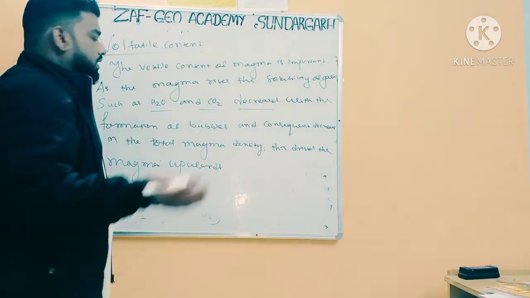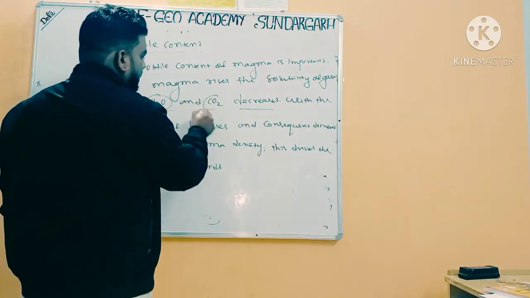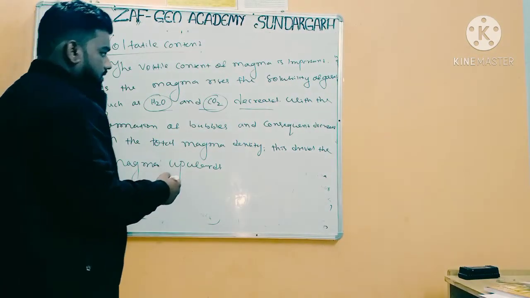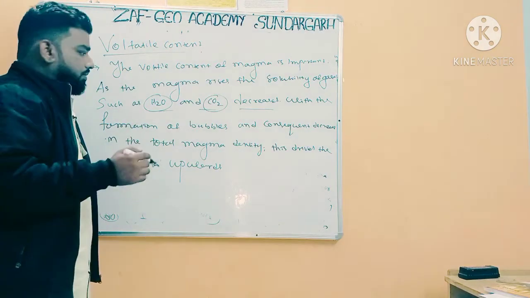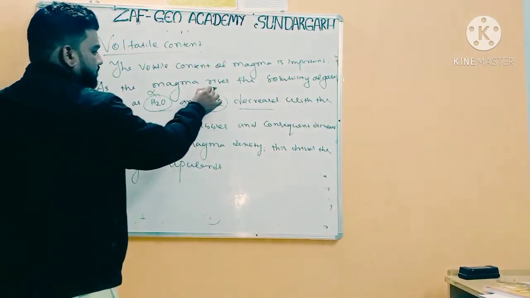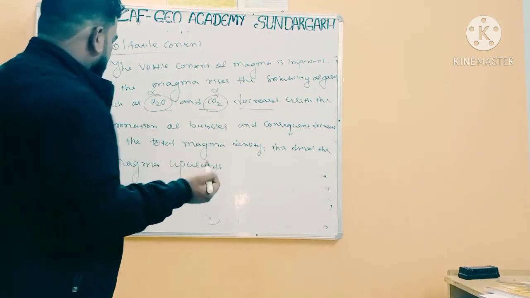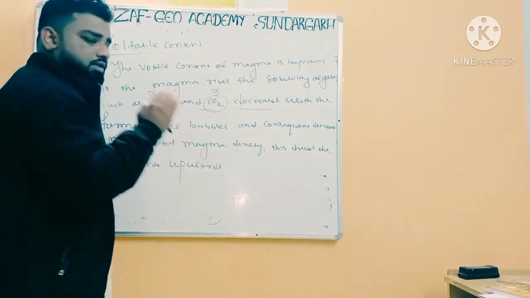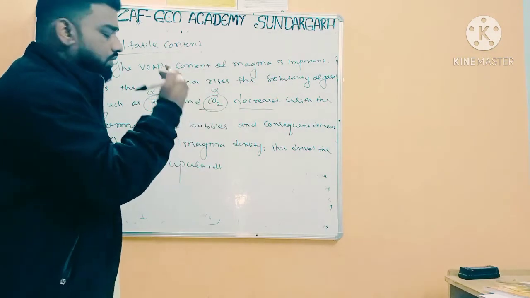So when the magma rises, the H2O and CO2 escape with the formation of bubbles, and as a result the total density of the magma decreases because the H2O and CO2 part escapes from the magma. Since the density is decreasing, it makes the magma rise in the upward direction.